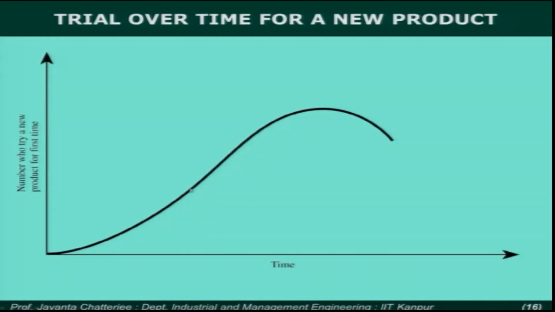So your sales will be proportional to your effort at this stage. That is when the moving average type of linear method of trend forecasting can actually work.